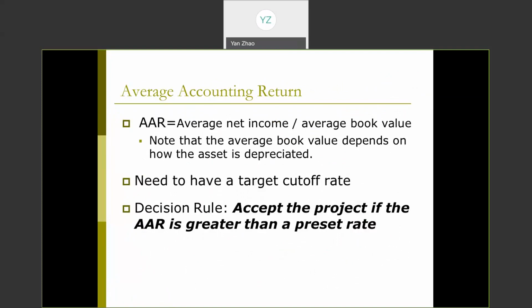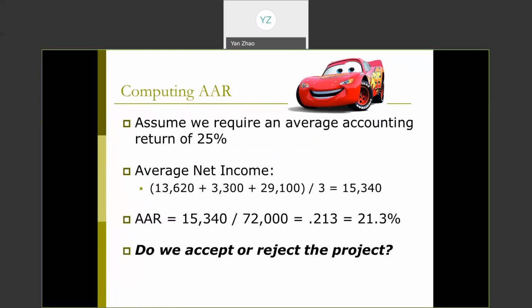Okay. So finally, we have the average accounting return. The average accounting return is the average net income divided by average book value. The decision rule is we accept the project if the average accounting return is greater than a preset rate, meaning a cutoff rate. What does that mean? Again, our car example.